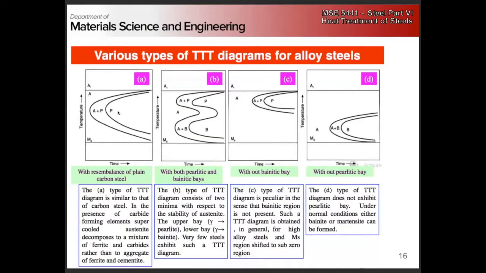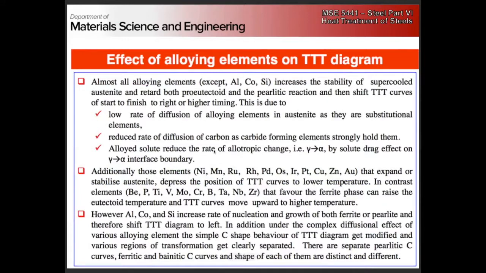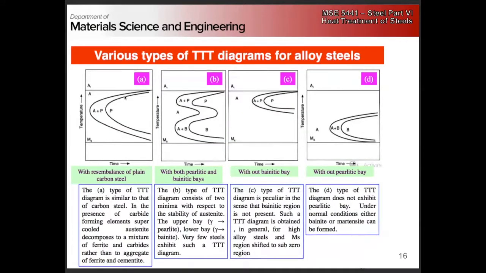So ferrite stabilizers move the TTT curve up, same as on the phase diagram. The eutectoid temperature moves up, the curve on the TTT curve also moves up, right?